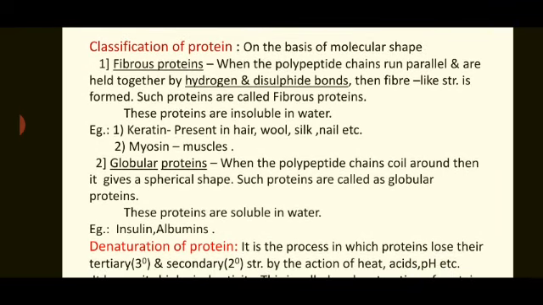These proteins are insoluble in water. Example, keratin, the protein present in hair, wool, silk or nail. That's why our hair has a thread-like structure and the hair is insoluble in water. Myosin is the protein present in muscles.